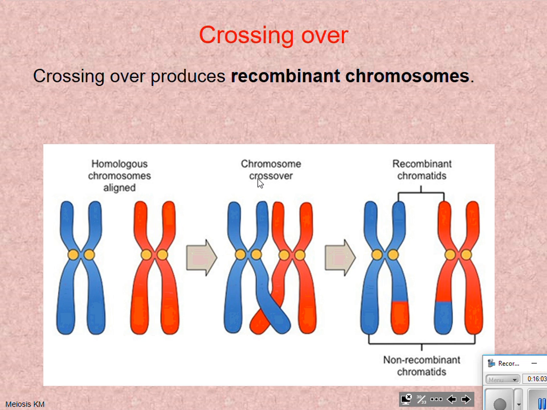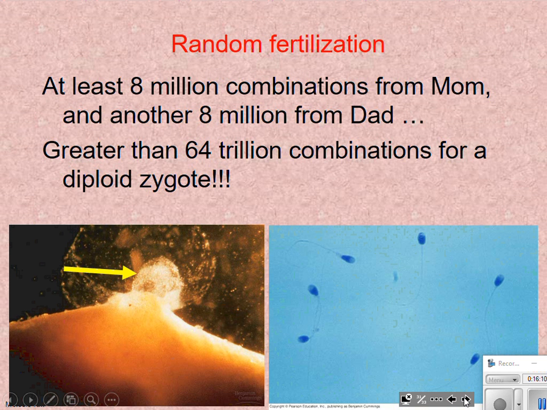The final thing we're going to talk about here about the genetic variations is random fertilization. We talked about over 8 million combinations from mom, over 8 million combinations from dad.